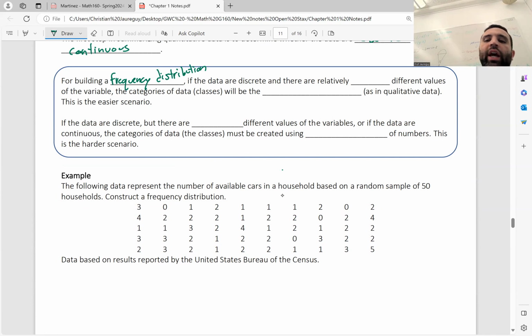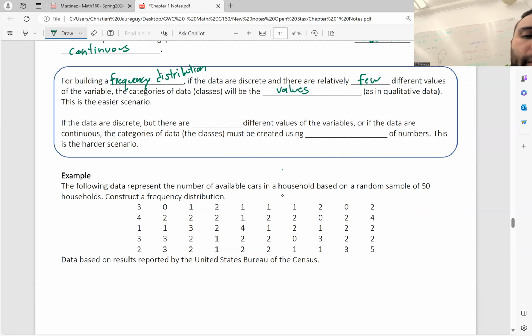If the data is discrete and there are relatively few different values, so you can see in this little data set here, there's only 0, 1, 2, 3, or 4, the category of data will be the values, as in the qualitative data. So there will be the values. So just like earlier, we had red, blue, green, brown, yellow. This one, there's going to be 0, 1, 2, 3, 4, 5.